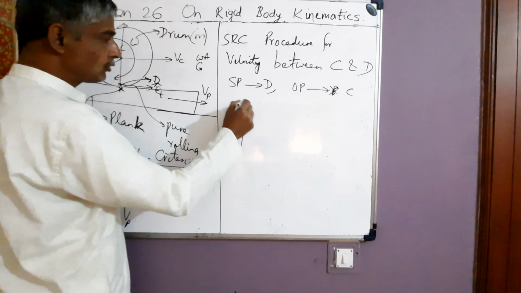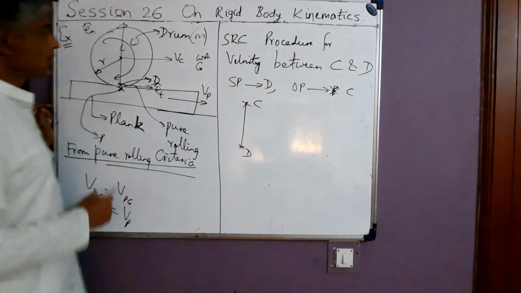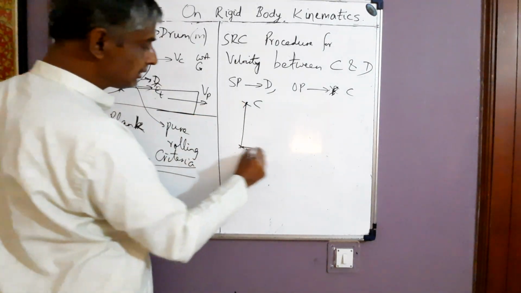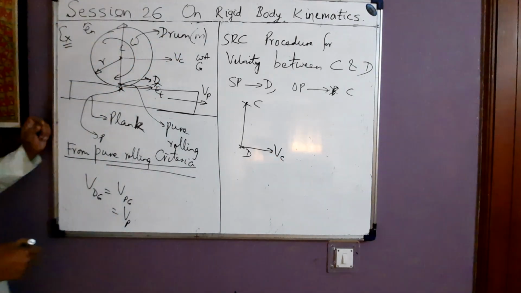We draw the line joining SP and OP, that is C and D. We give the velocity of the other point C, Vc, to D. Now we write down the sentence.